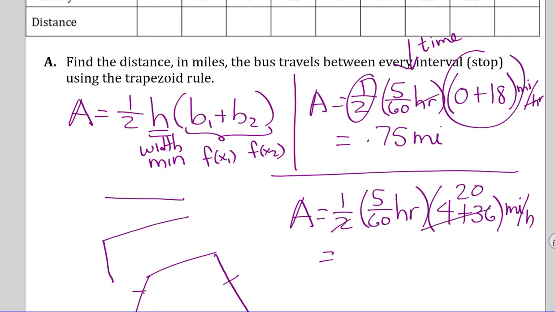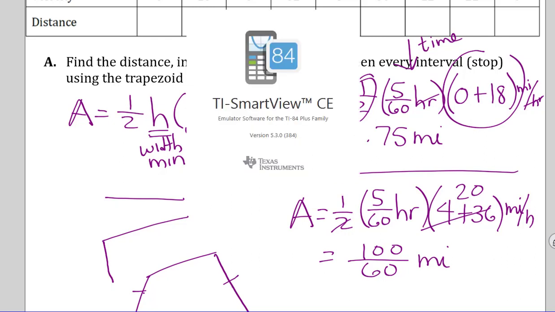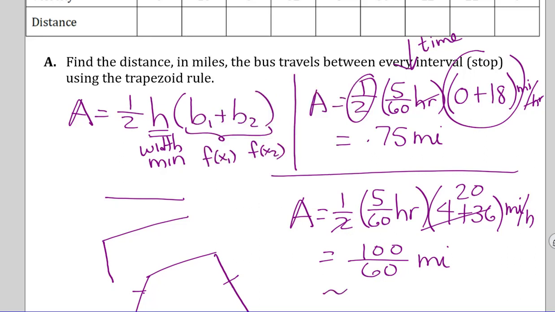We got 20 here. This gives me 100/60 miles. 100 divided by 60, if you do that on your calculator, it's going to be 1.66 approximately. Okay, so that's how we find that distance.